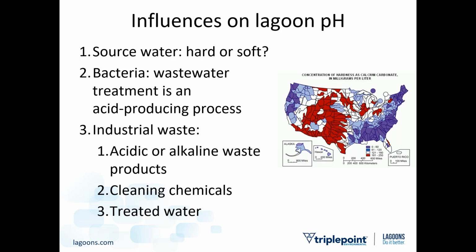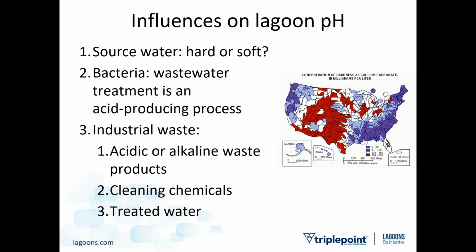I used to work with a plant that made tortilla chips that soaked corn kernels in hydrated lime water to soften them to create dough. So every time they dumped one of those soaking tanks, we got a huge rush of pH 11 or 12 water. So you get a much bigger variation in the acids and bases in industrial wastewater.